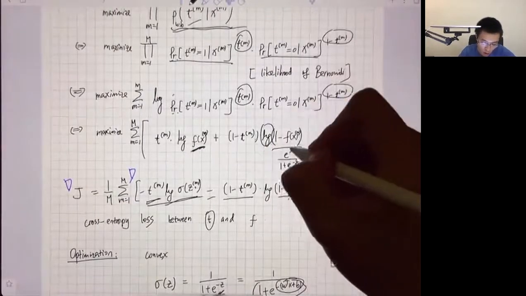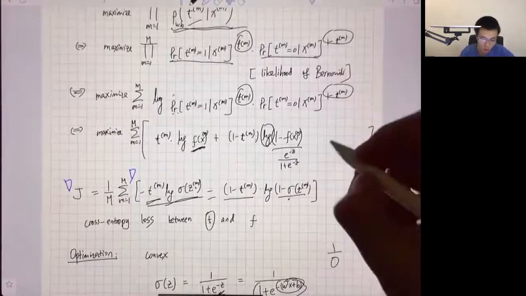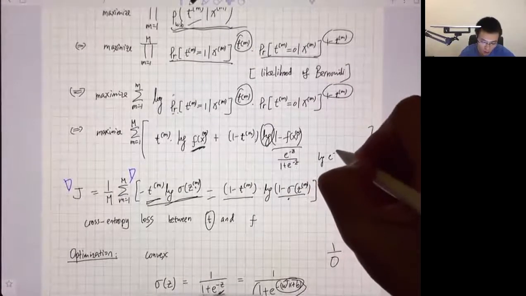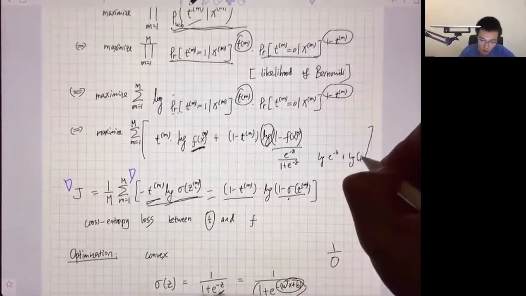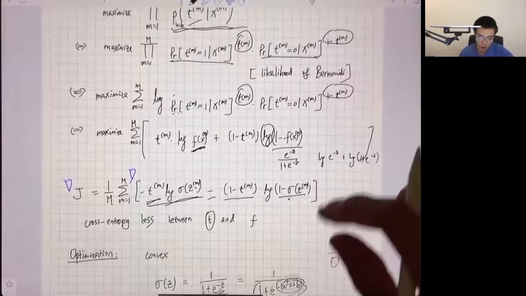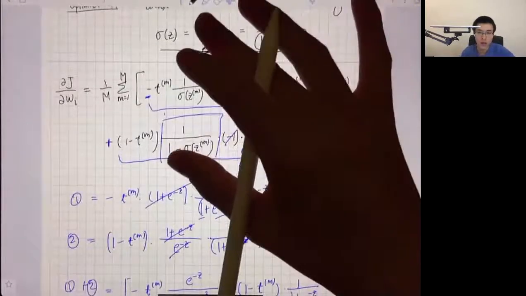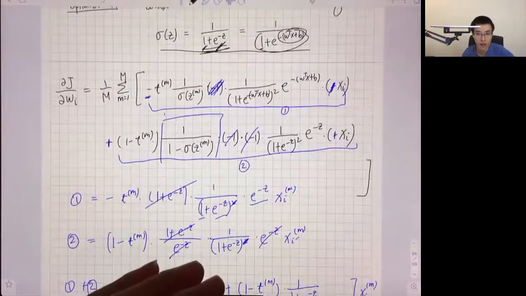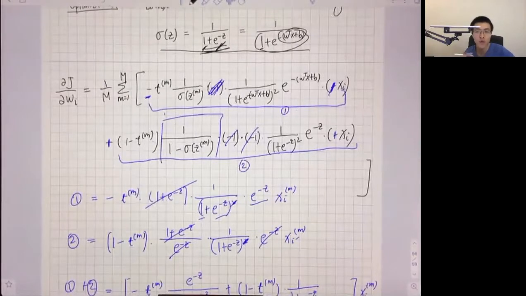And if you take the log, you can say log e to the minus z plus 1 plus, but here I'm just showing that taking the derivative is just a brute force exercise, okay? You just apply the chain rule again and again. Sometimes you can find a trick to simplify it a little bit, but even if you don't, you get the same result.